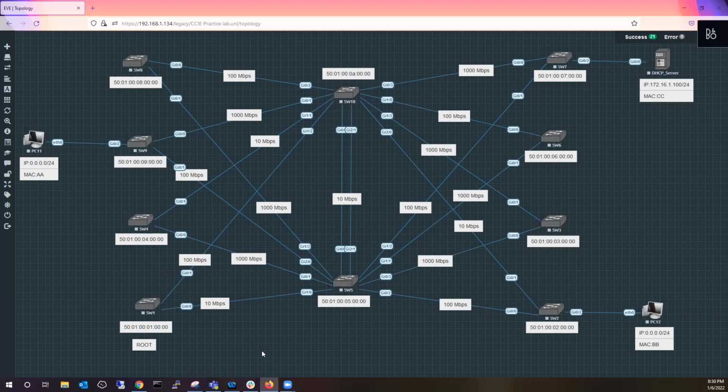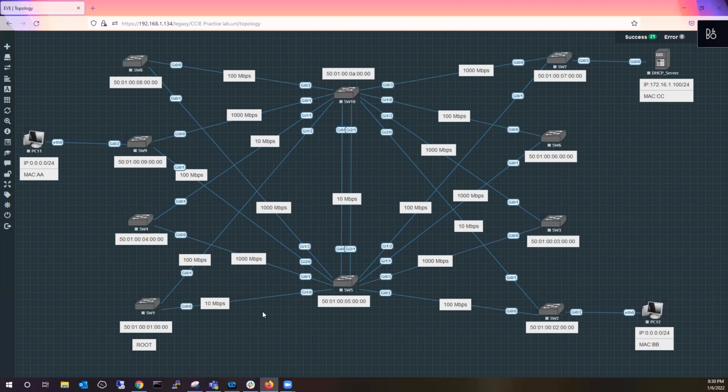I would say switch 10 because it's 100 megabits. Okay, tell me, what does that mean? The cost is the cost of the link. I think the cost is one of the tiebreakers, right?